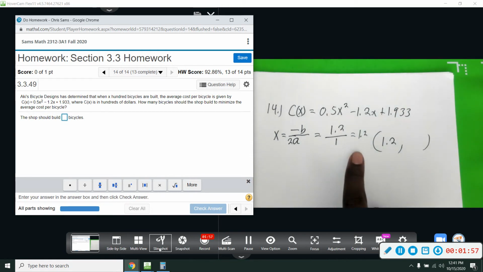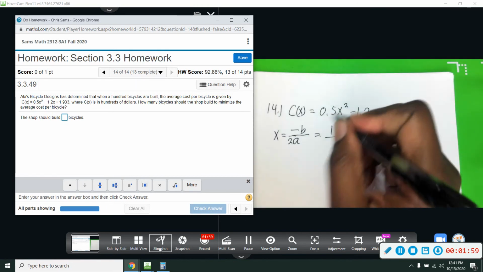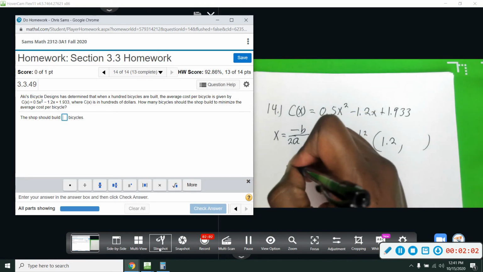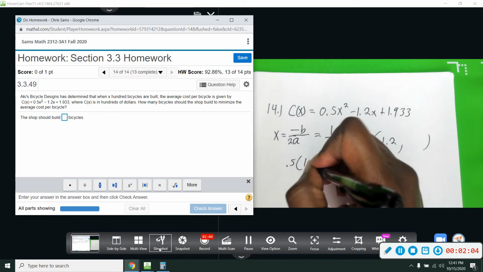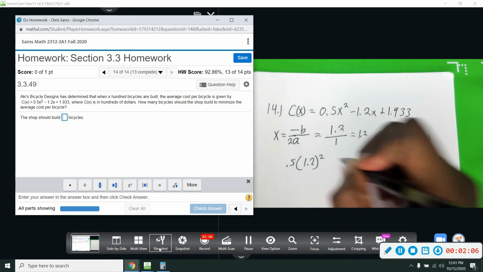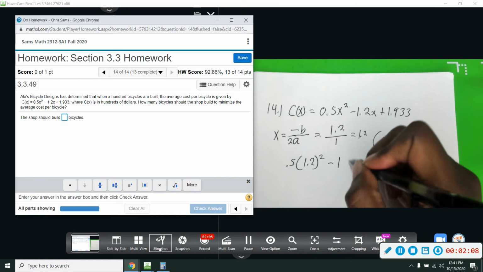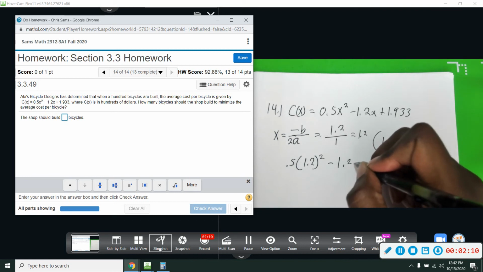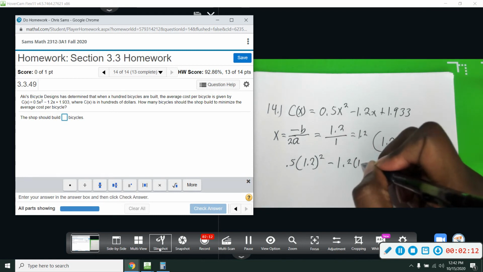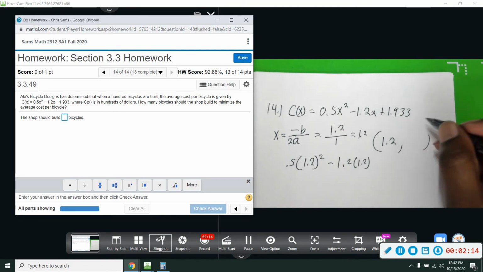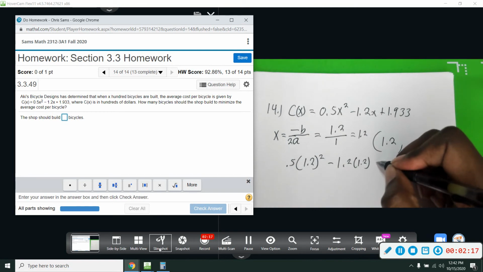All right, so now that we have 1.2, we will take that 1.2 and plug it into the original equation and come up with the final y coordinate.